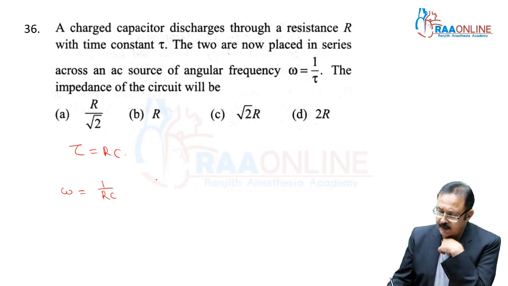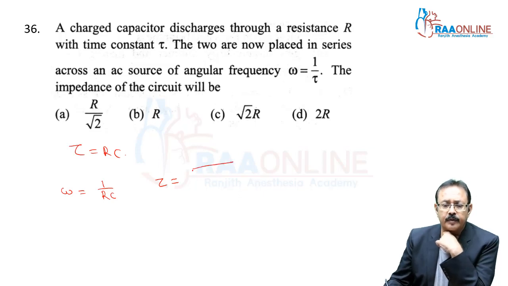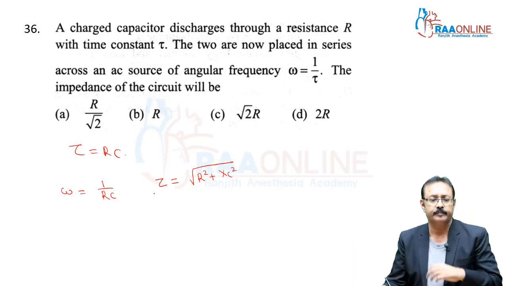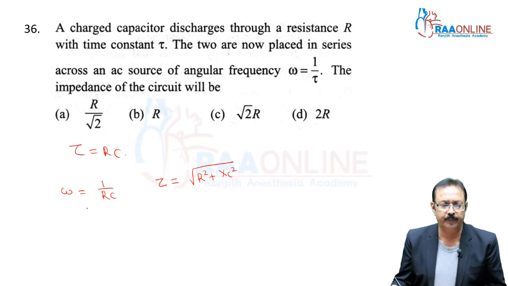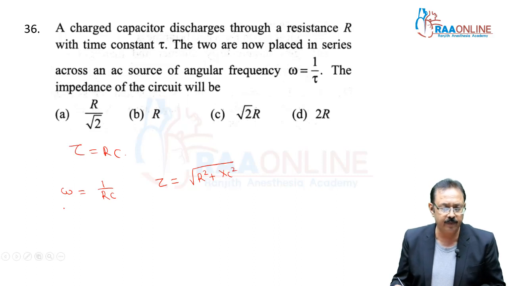So what is Z? Z is under root R square plus XC square. They are saying omega is 1 upon tau, which means 1 upon RC.